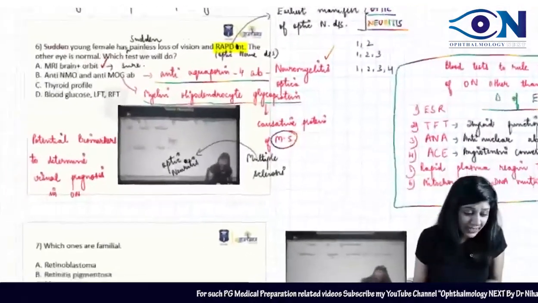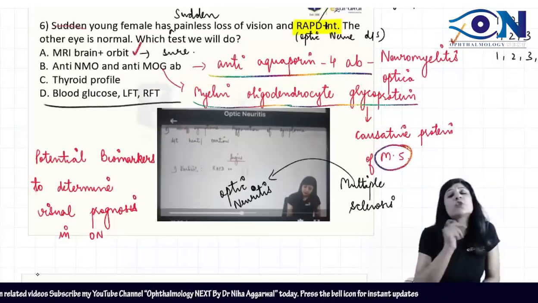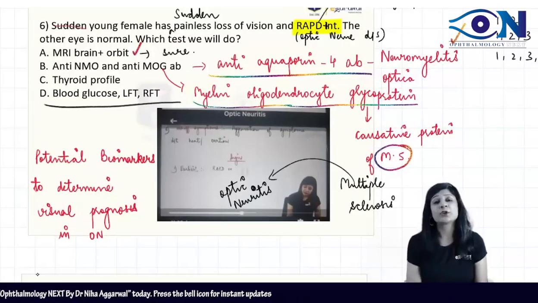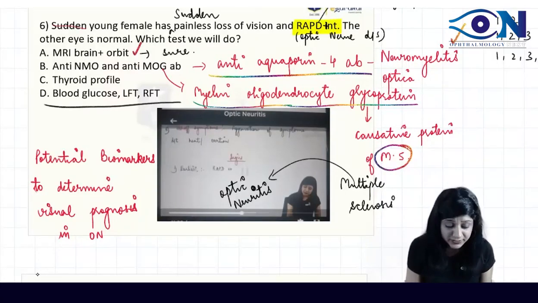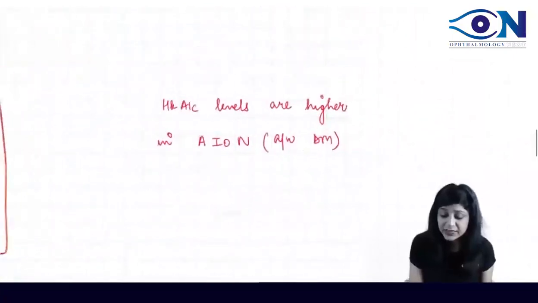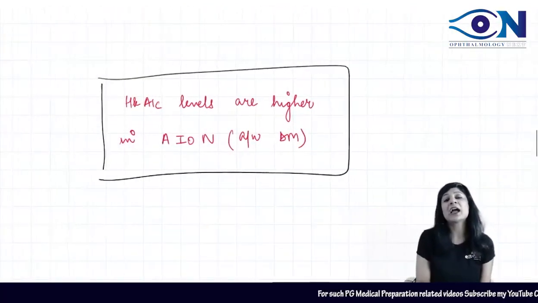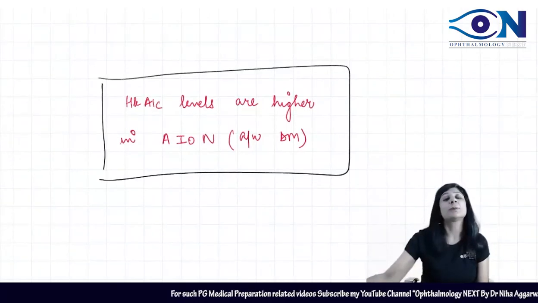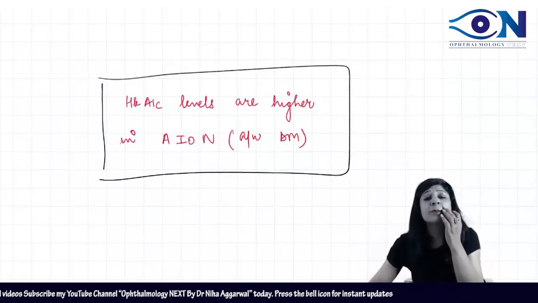So now look at this, what do you think about the blood glucose level? Should blood glucose level be done or not? I did a lot of research on that too. What they said is that even HbA1c levels are found to be higher in anterior ischemic optic neuropathy. So if the patient has anterior ischemic optic neuropathy and high glucose levels, a high hyperglycemic index, then we have a poorer prognosis.